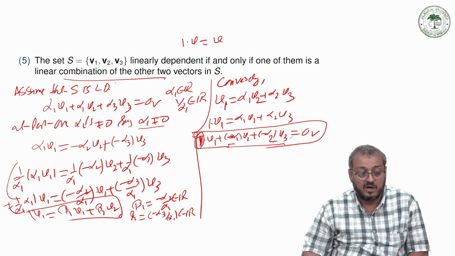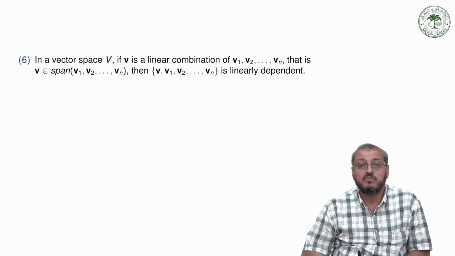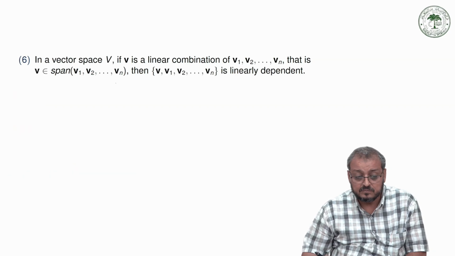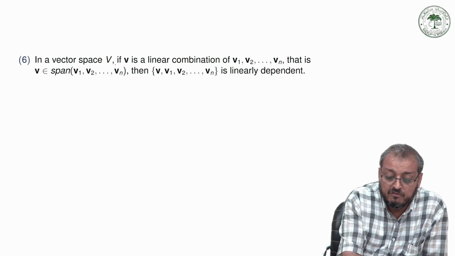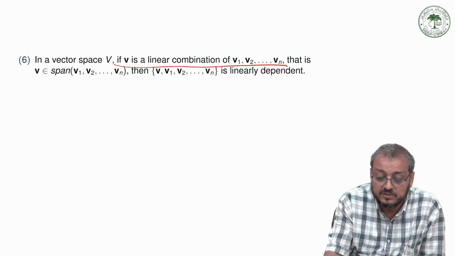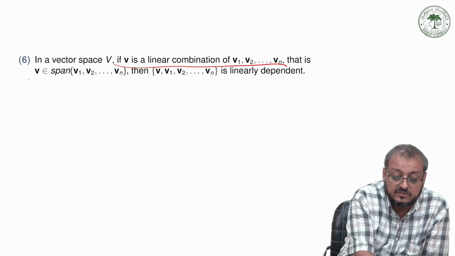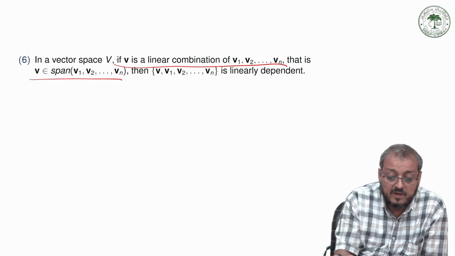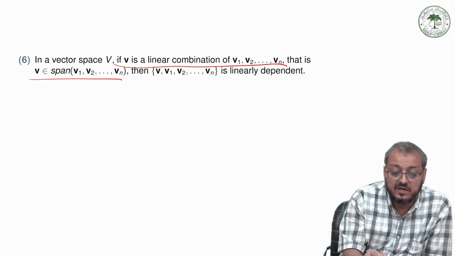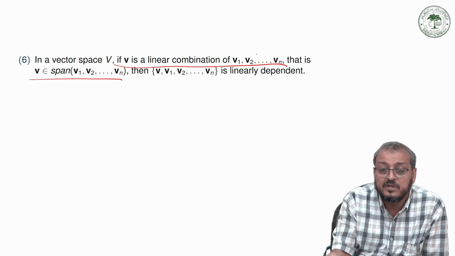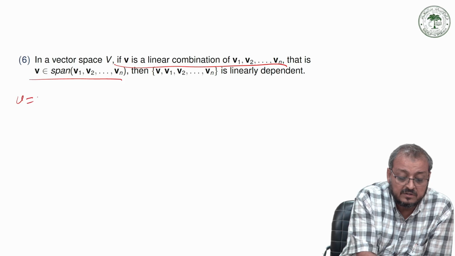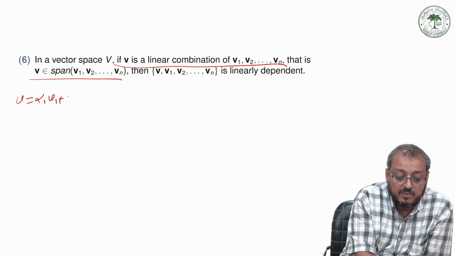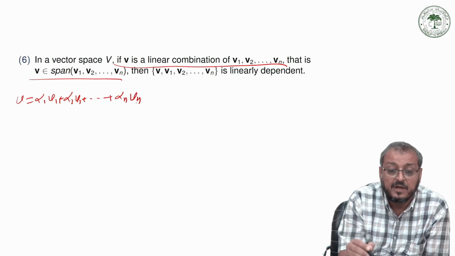Now one more property. Assume that v can be written as a linear combination of n vectors v1, v2, up to vn. That means v can be written as alpha 1 v1 plus alpha 2 v2 and so on plus alpha n vn.